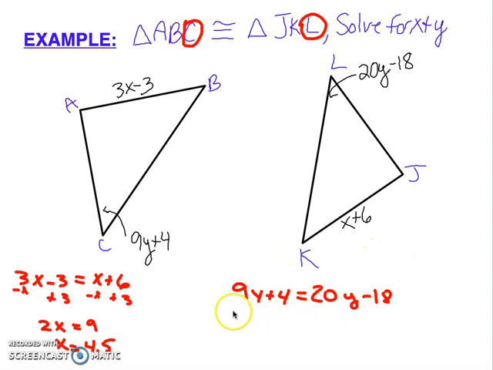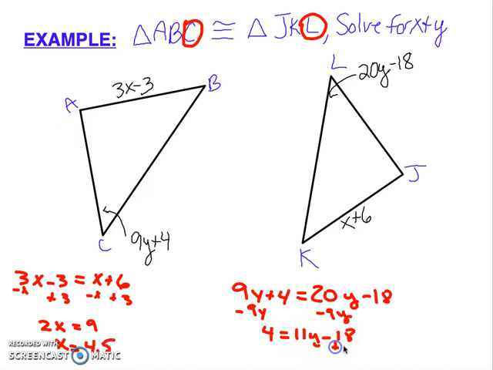Subtract 9y from both sides. Which gives us 4 equals 11y minus 18.